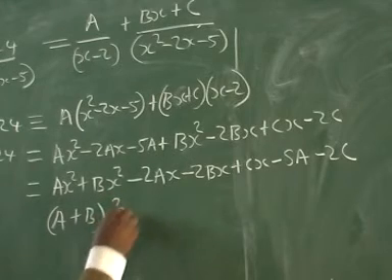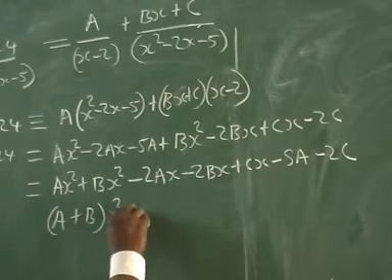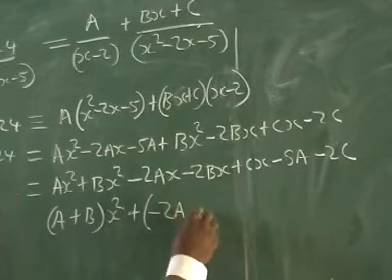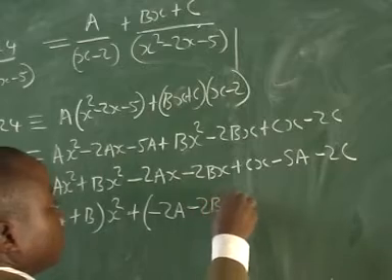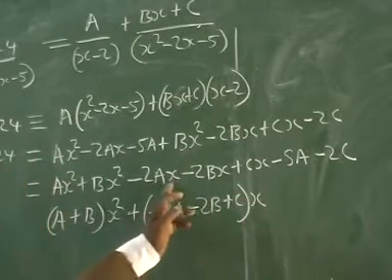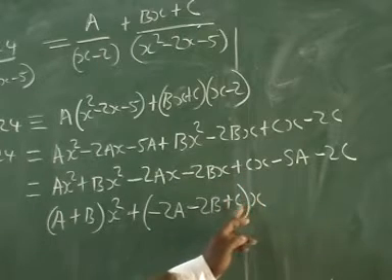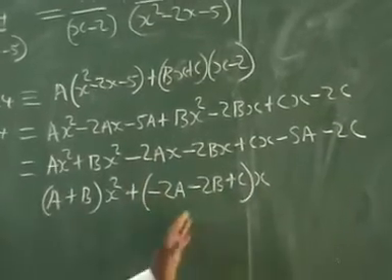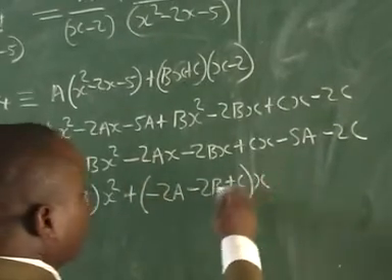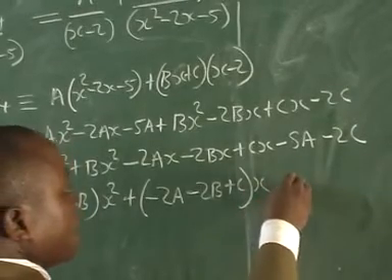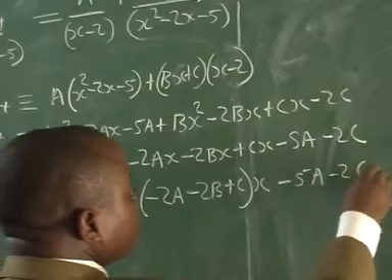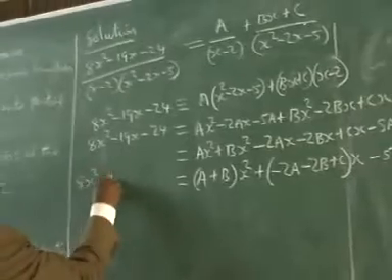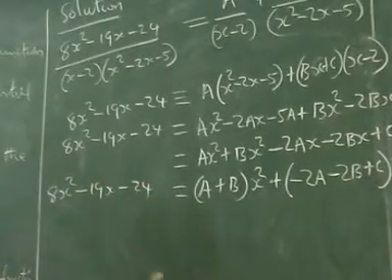We factor out x squared, then we have minus 2a minus 2b plus c. We factor out x also, because we use this times this to get back this. So we just factor out the common variable here. Now we have minus 5a minus 2c. That means 8x squared minus 19x minus 24 is equal to this.